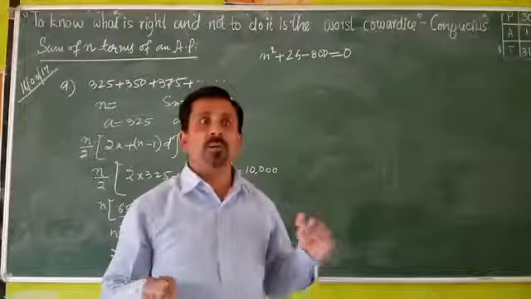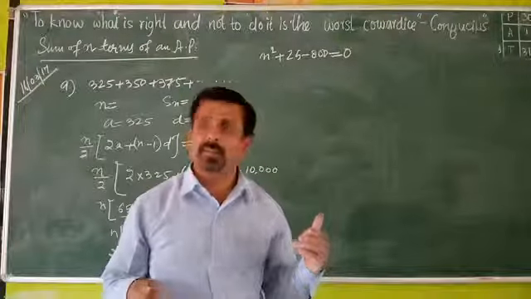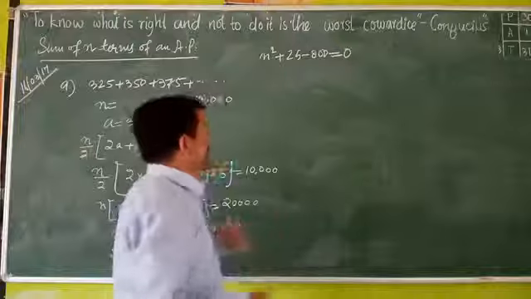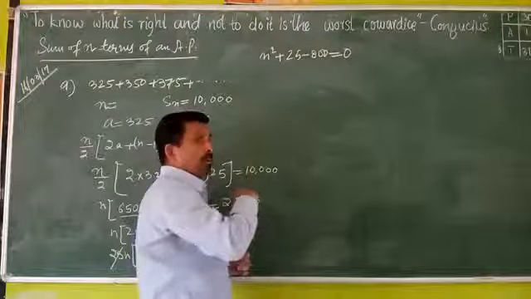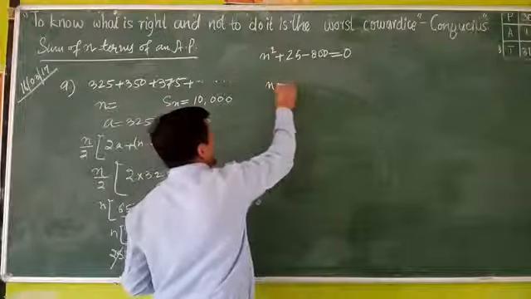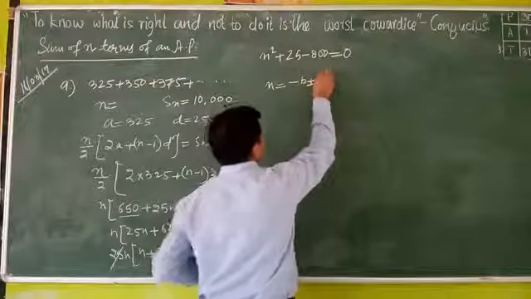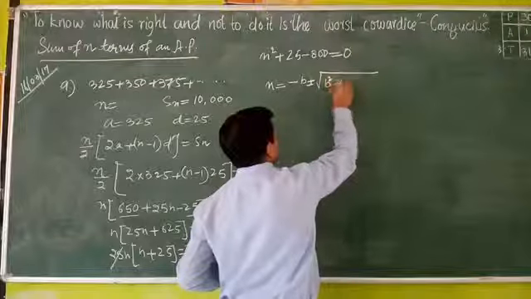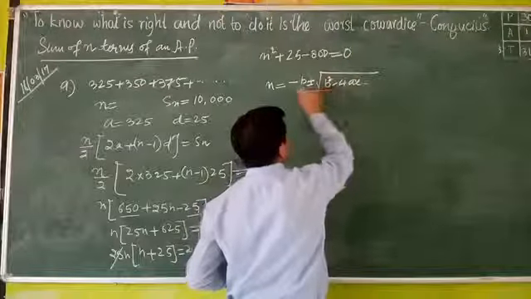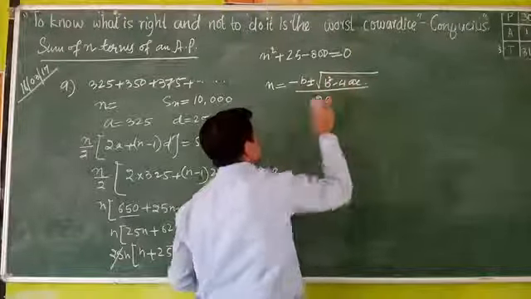So we are going to do it by a different method, and that method is by using our root formula. That formula is n is equal to minus b plus minus root over b square minus 4ac divided by 2a.